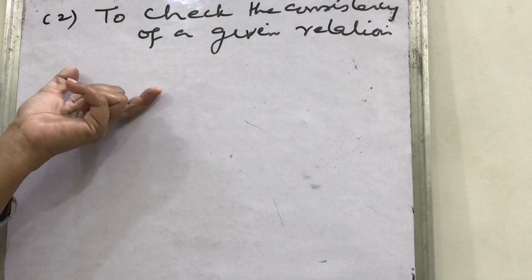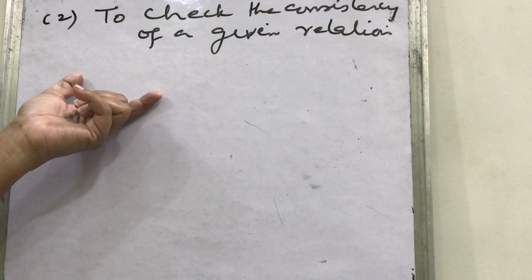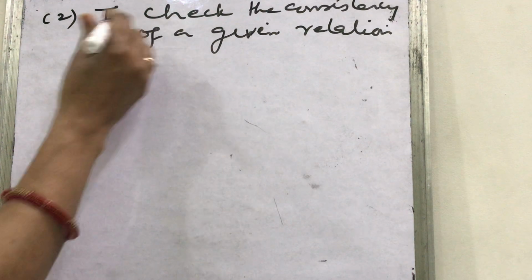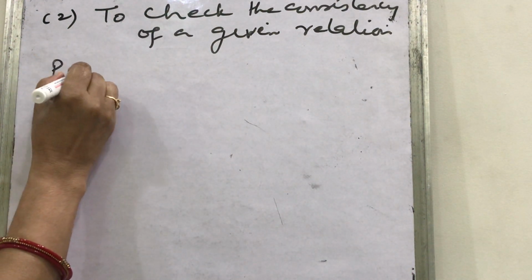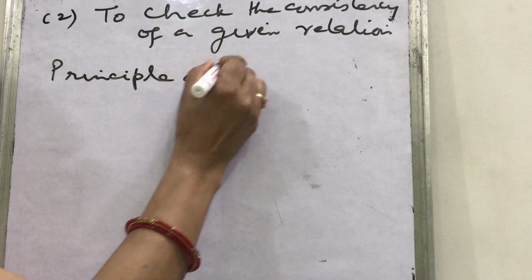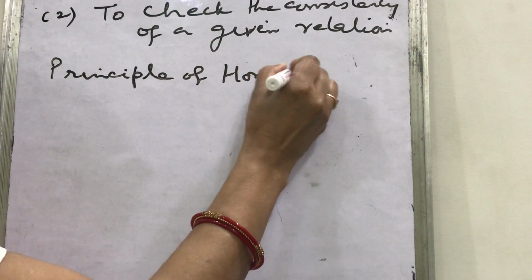How is dimensional analysis useful in this? Look, what is the fact behind this? The consistency is checked using the principle of homogeneity of dimensions. It is based on the principle called the principle of homogeneity.